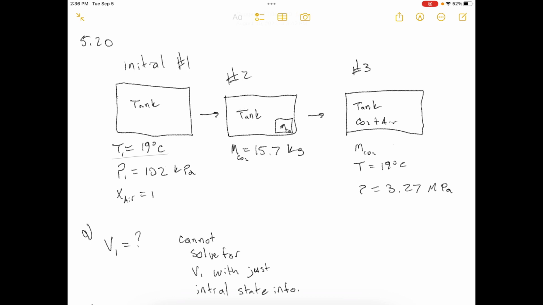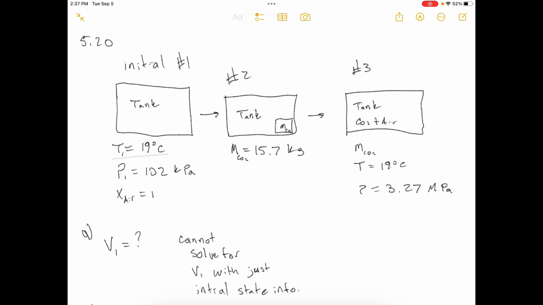A block of dry ice, solid CO2, with a mass of 15.7 kilograms is dropped into the tank, which is then sealed. The reading on the tank pressure gauge initially rises very quickly, then much more slowly, eventually reaching a value of 3.27 megapascals. Assume a final temperature of 19 degrees Celsius.